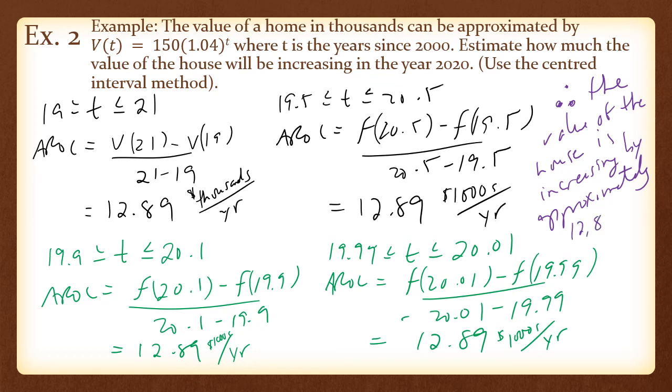Just putting it back, $12,890 per year. And if you went 5 decimal places, you actually would have had that down to the penny accurate, which I think it would have been $12,890.61, I think. Maybe you remember seeing that kind of 0.61 at the very end.